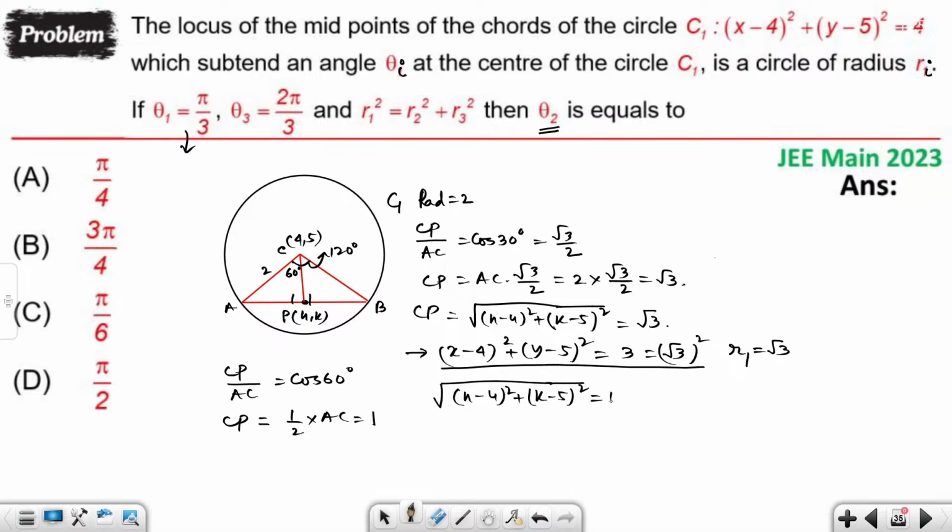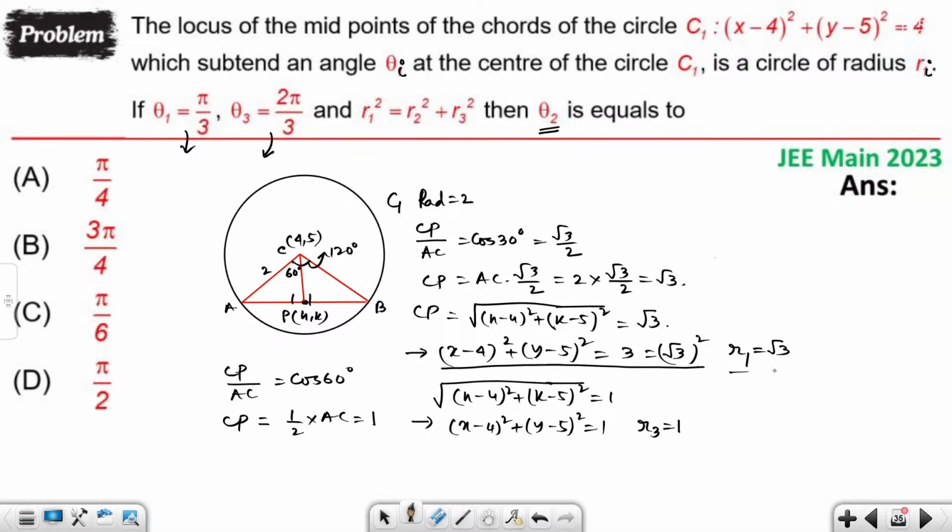So again, what will be the locus for the third case? Let me just write this as x only, because we know that this is the locus. So (x minus 4) whole square plus (y minus 5) whole square equals 1. Therefore, this locus is a circle whose radius is 1. That is, R3 is 1. Are you getting my point? R3 is 1 in this case.